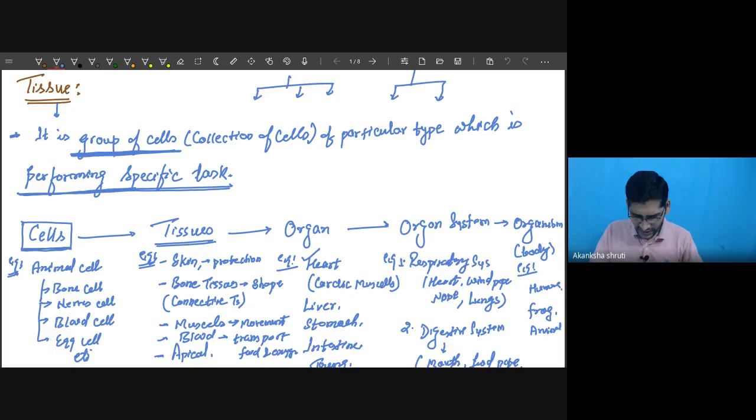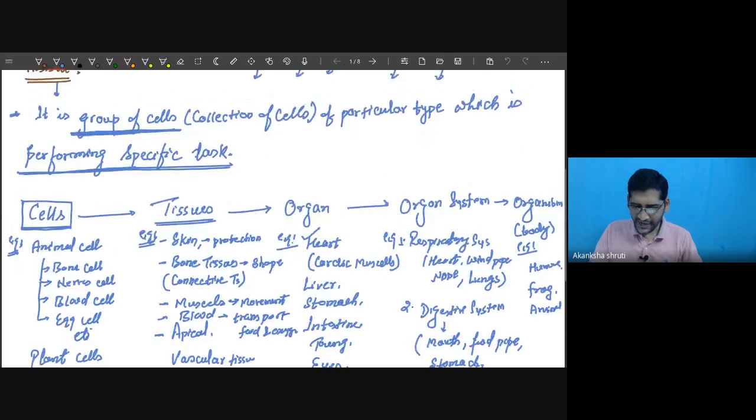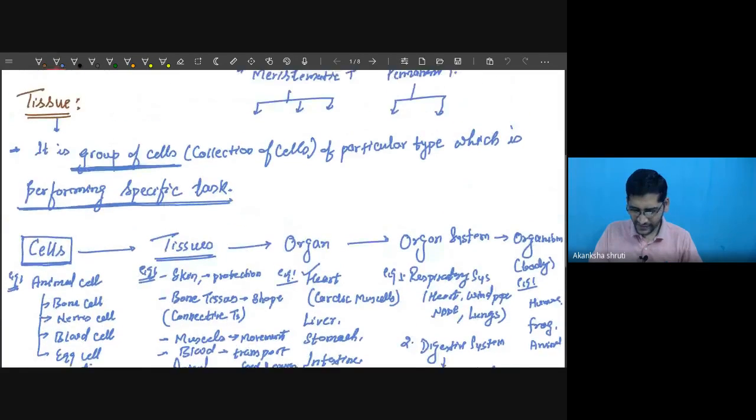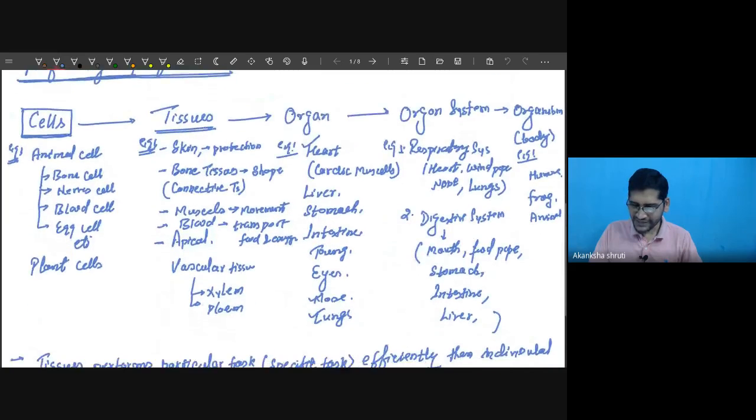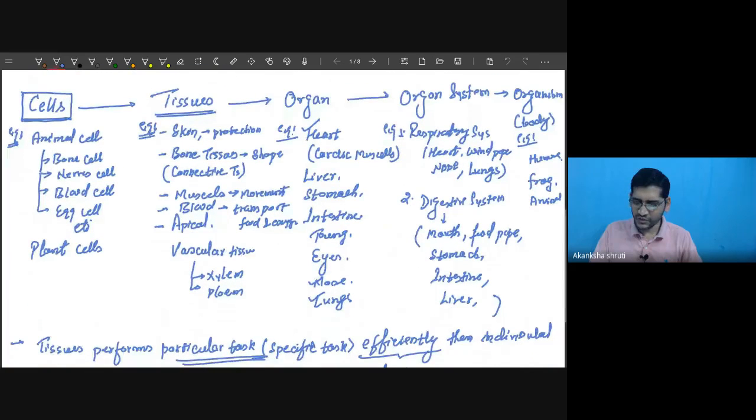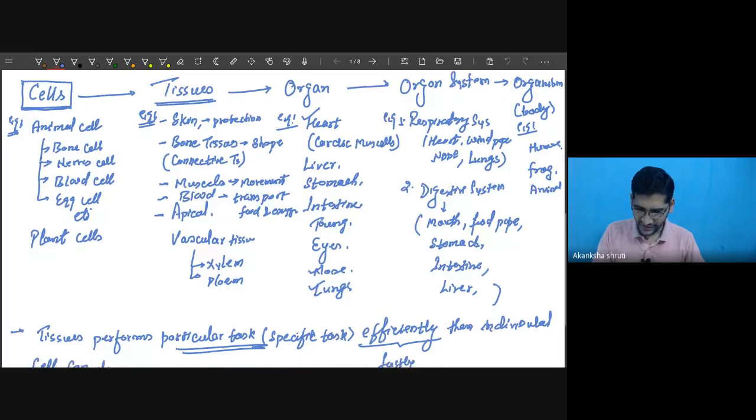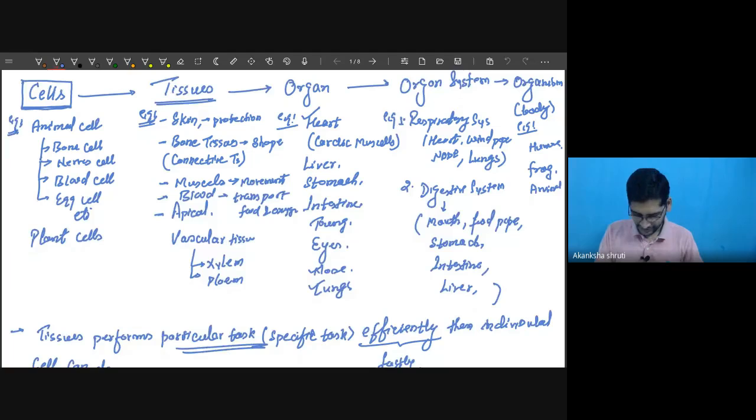So these tissues are a collection of a specific kind of cell which is able to perform a specific task. After that, tissues again combine to form organs, then organ systems, then finally the organism, as we have learned.